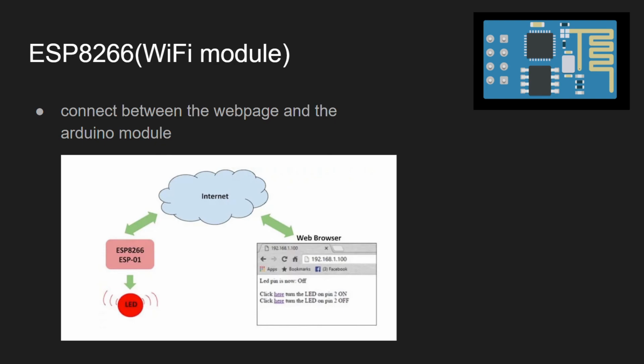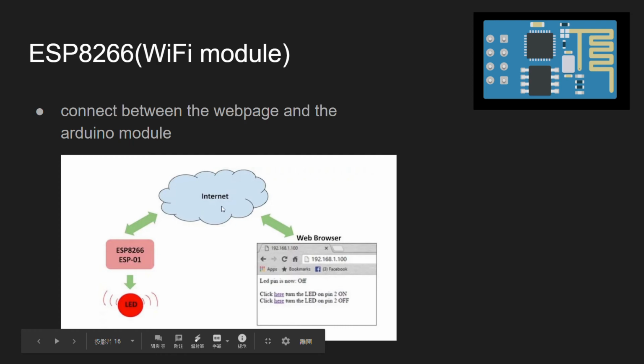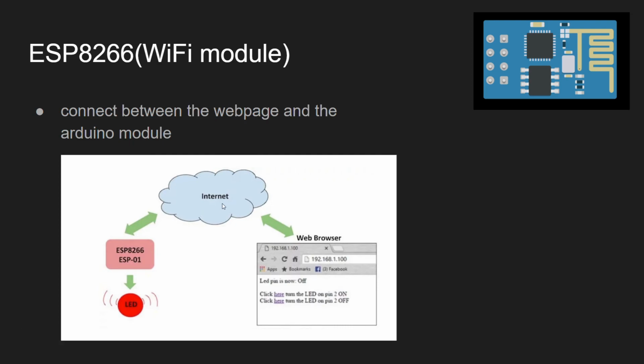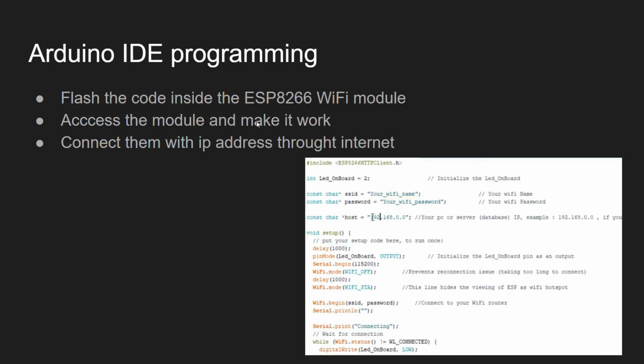And the ESP8266 mentioned before is used to connect the Arduino and the web page through the internet, and the PHP code will help find those data on the website and put it into the database in your local host.